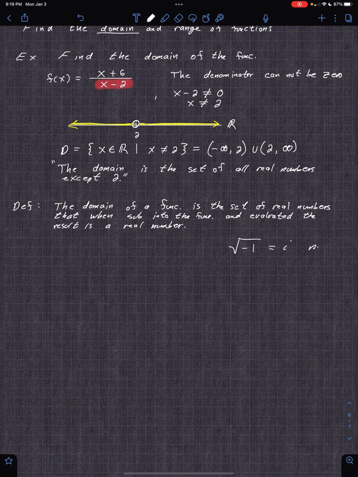That's not real. So basically it's not real or undefined. And we'll look at the different examples. So that's what we're looking for. We want to be able to evaluate and get a real number.